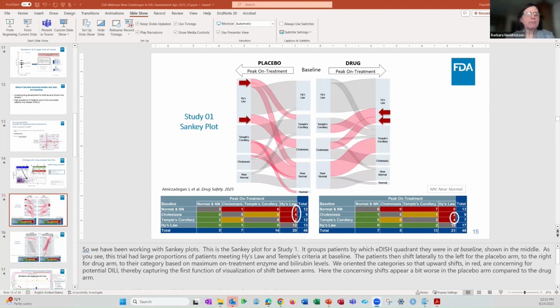DILI is a very common example I give of an event that should be under other safety topics of interest for nearly every product, regardless of whether you believe there could be a causal association with liver injury from the onset of your development program.